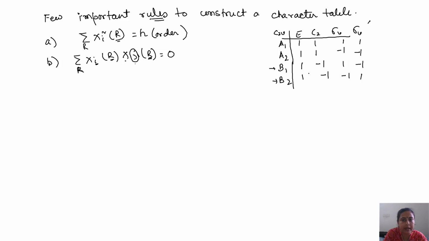Then it has to be added up with, for another symmetry operation, minus 1 into minus 1, plus 1 into minus 1, plus minus 1 into 1. So this is going to be 1 into 1, minus 1 into minus 1, plus 1 into minus 1, plus minus 1 into 1. This is going to be 0. This one we have seen also in the great orthogonality theorem as well.